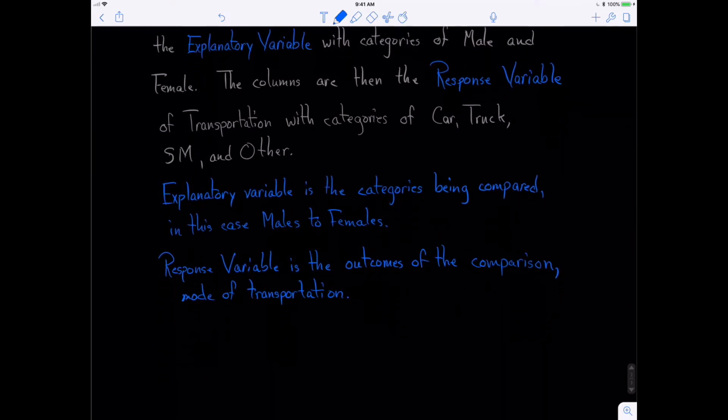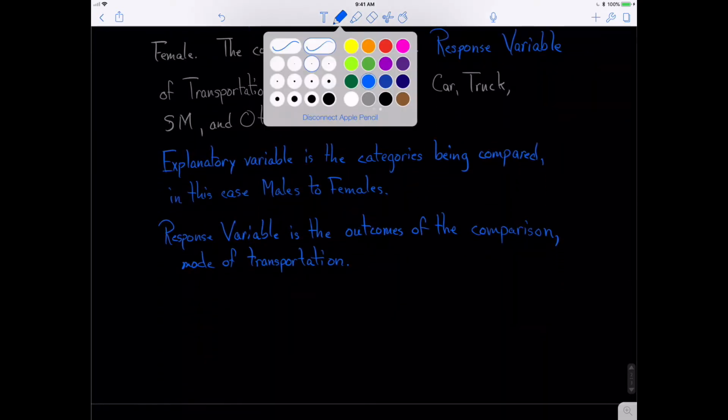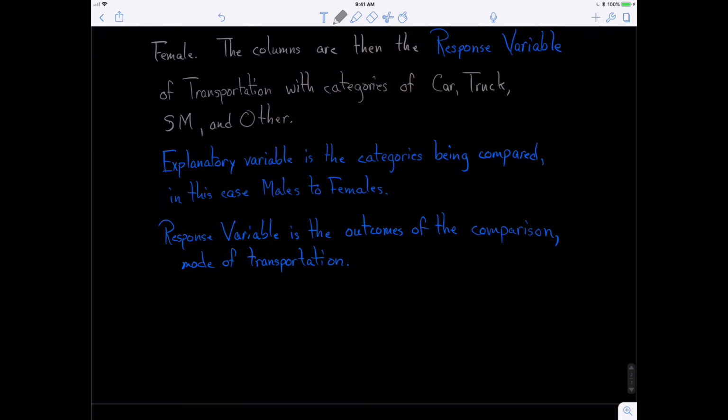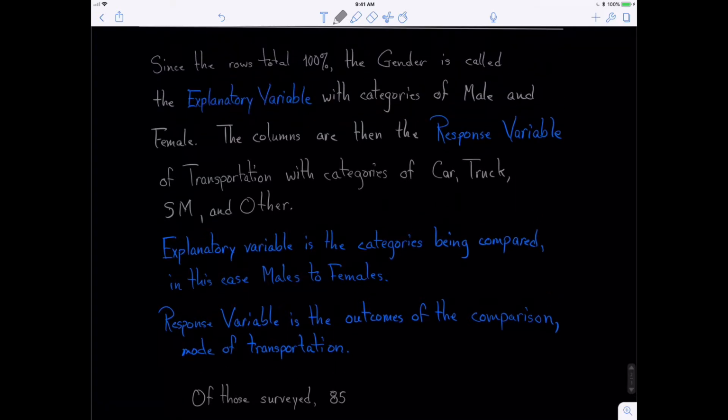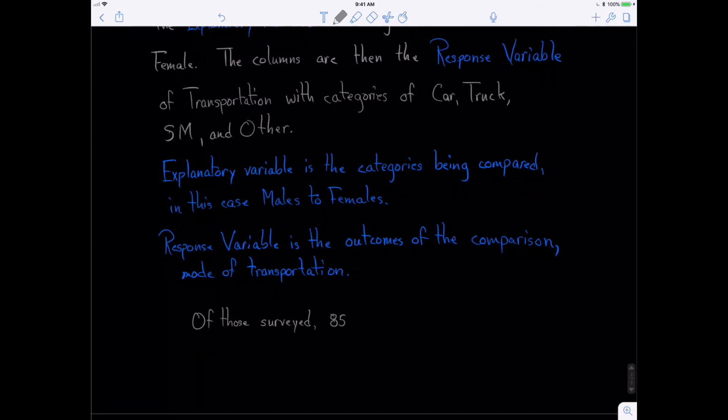And so we write this. Here's how the results of our survey would be. You would say, of those surveyed, 83.3, sorry, let me check, it was 83.3, wasn't it?